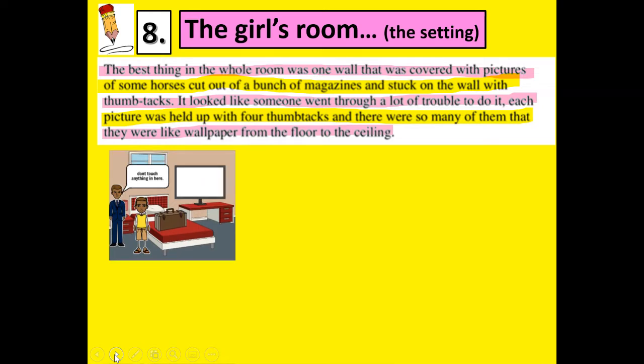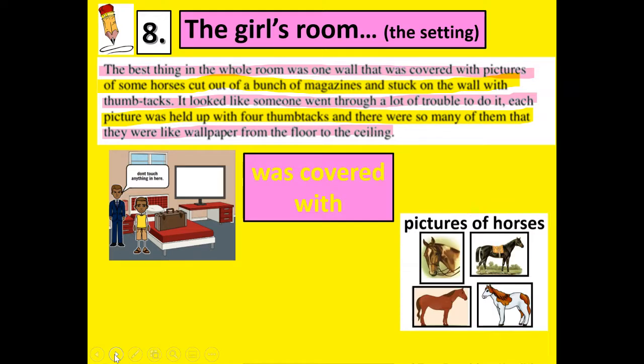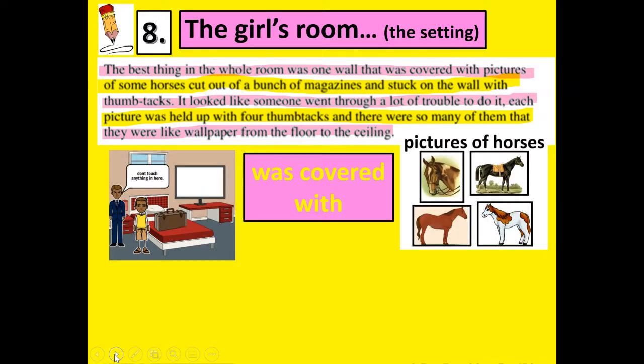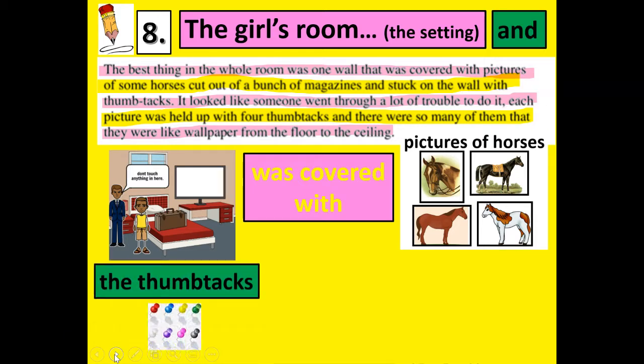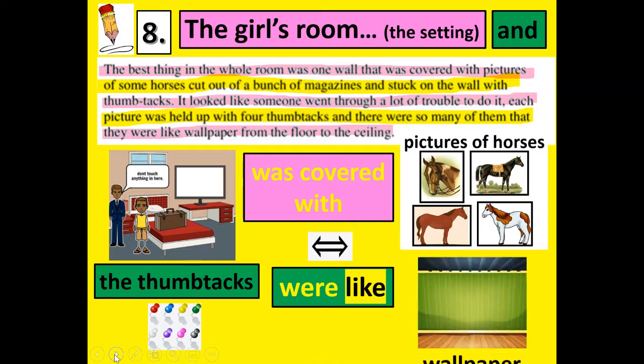So here is Bud and Herman E. Calloway saying, "Don't touch anything in here." And then Bud describes the girl's room, and it was covered with pictures of horses, and the thumbtacks were like wallpaper.